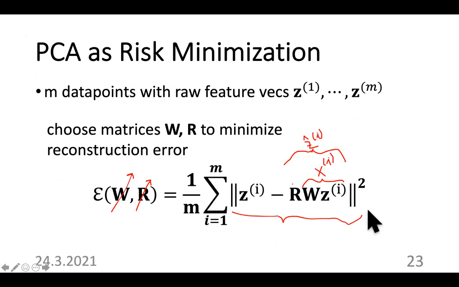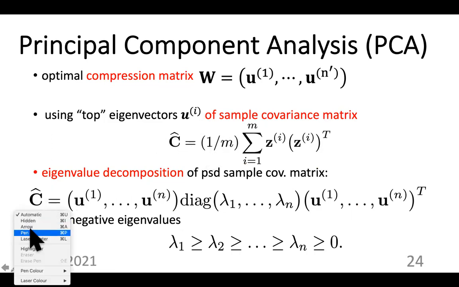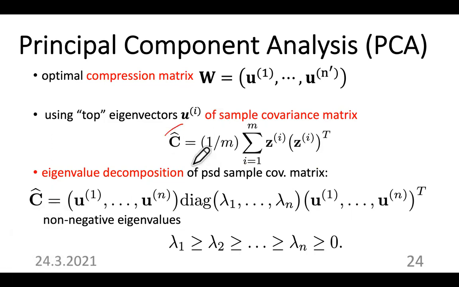You can really find the optimal compression matrix W. And this optimal compression matrix is built by particular eigenvectors of what I call the sample covariance matrix. So this here is the sample covariance matrix. It's obtained by computing these products here, sometimes called an outer product.